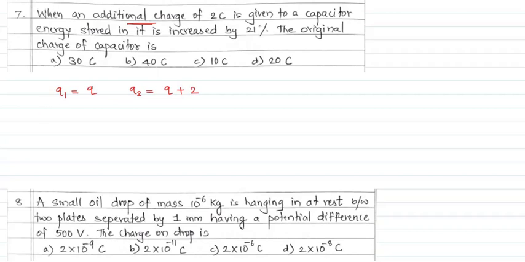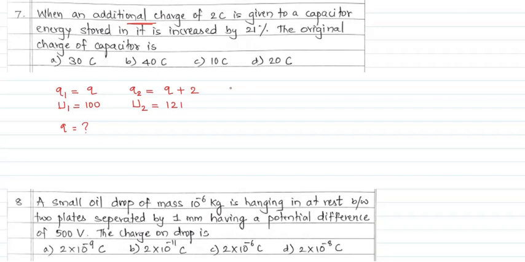What he says, the energy increases by 21%. Initial energy I will take as 100 as he has given it in percentage. Means final energy will be 21% more, means it will be 121. You are required to find the value of Q.